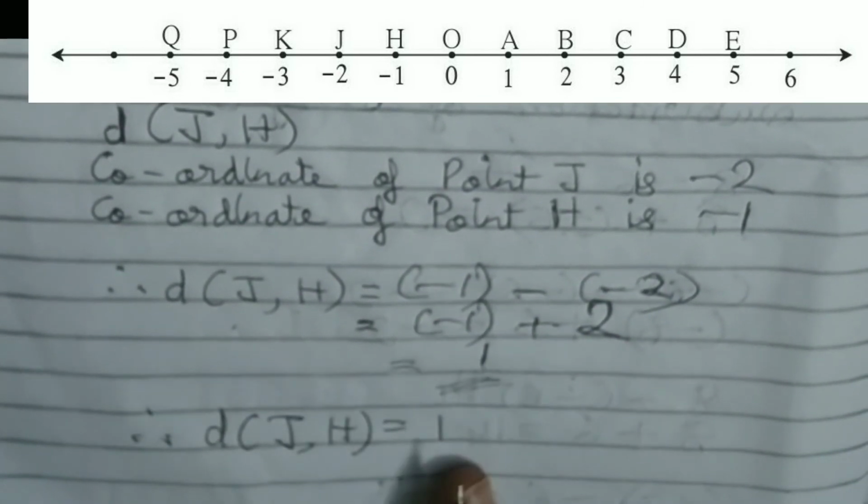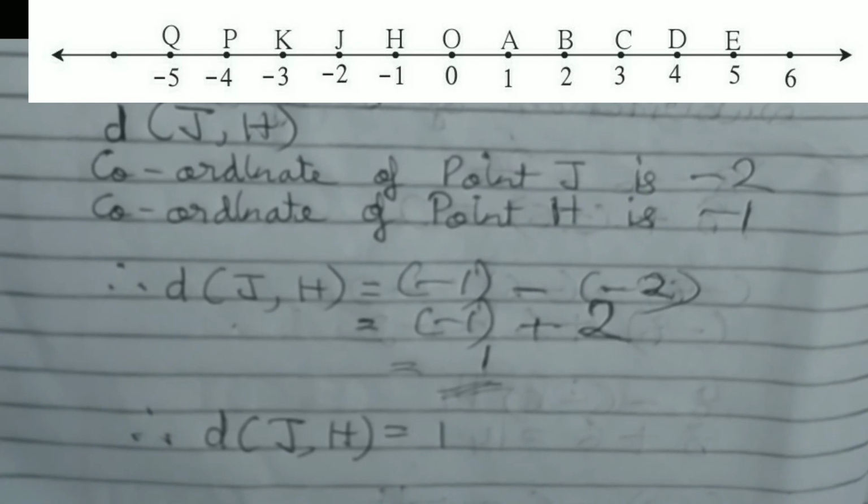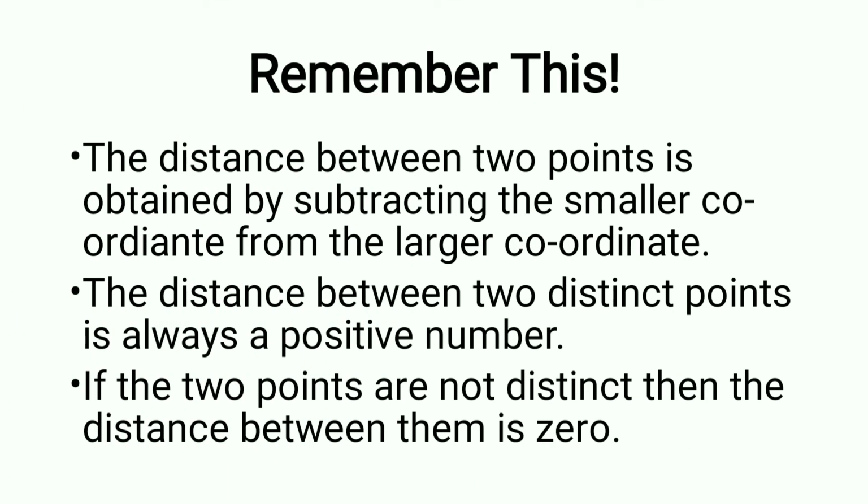And see students, the distance is always a positive number. The distance between any 2 points is always a positive number. Remember this: the distance between 2 points is obtained by subtracting the smaller coordinate from the larger coordinate. This we have seen just now with examples.